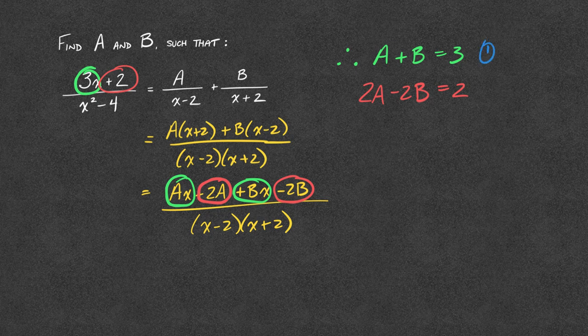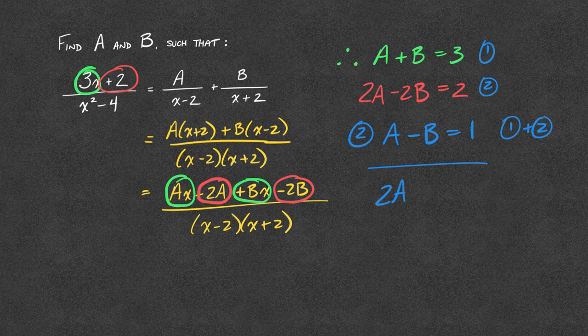Or maybe we're just going straight off the bat. You have equation 1 and 2, and maybe we're going to divide equation 2 by 2, and then I can use elimination. So if I use my green equation 1 and my blue equation 2, I'm going to take equation 1 and add it to equation 2.